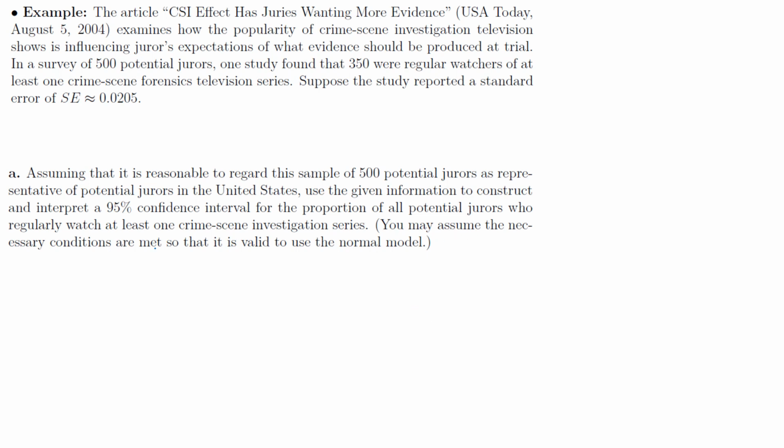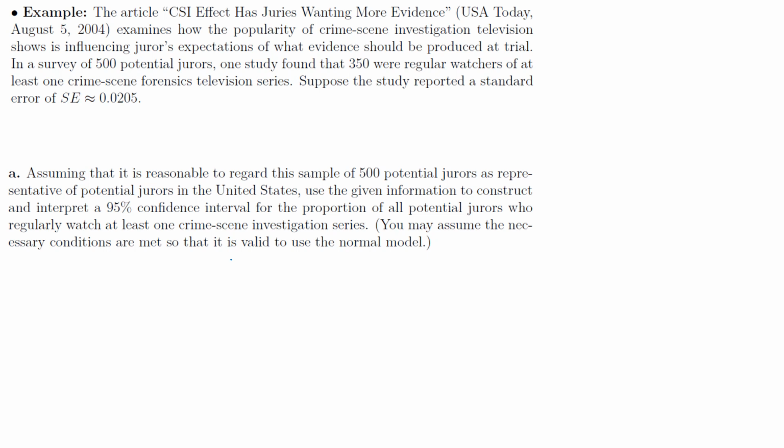It says, you may assume the necessary conditions are met so that it is valid to use the normal model. So remember earlier we said our sampling distribution follows a normal curve so long as certain conditions are met. And we haven't talked tons about those conditions yet. We'll do more later. For now, as you're just learning the mechanics of this confidence interval idea, we can assume that they're met in this case.